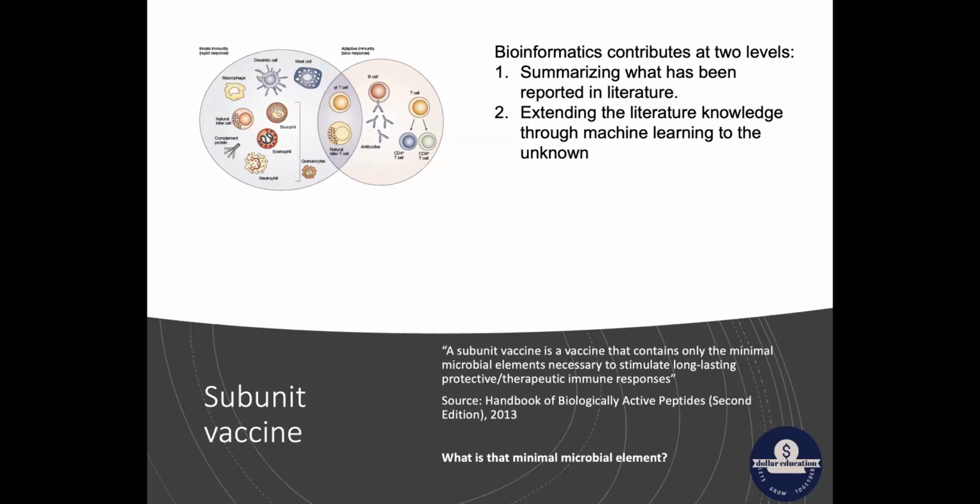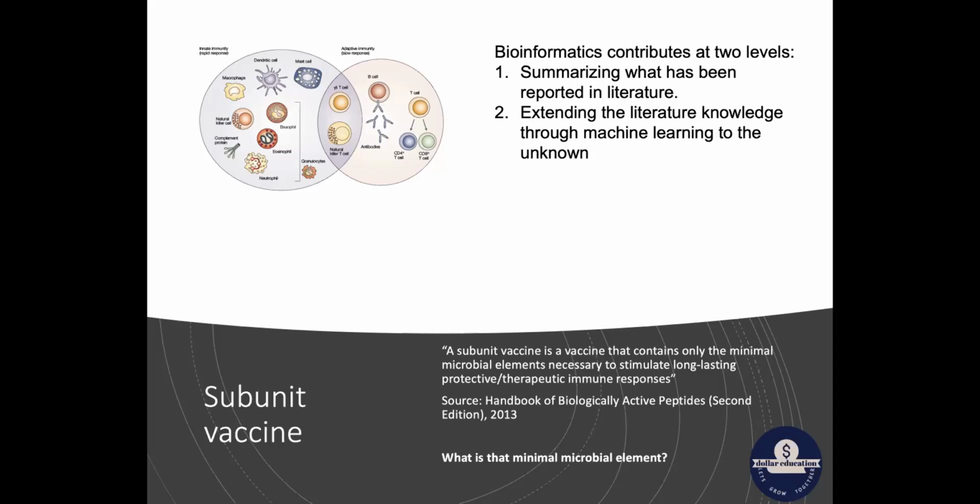Bioinformatics also has some machine learning approaches where we can extend this known information. Let's say this is the pattern that our cells are recognizing. Can we extend this pattern to something unknown? So these are the components where bioinformatics is helping. The first is organizing what is known so far, creating a complete picture of known knowledge, and then extending this known information to something unknown through the application of machine learning.